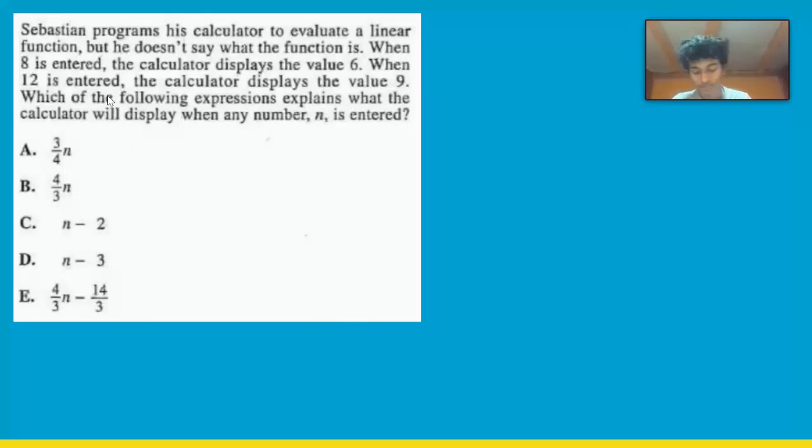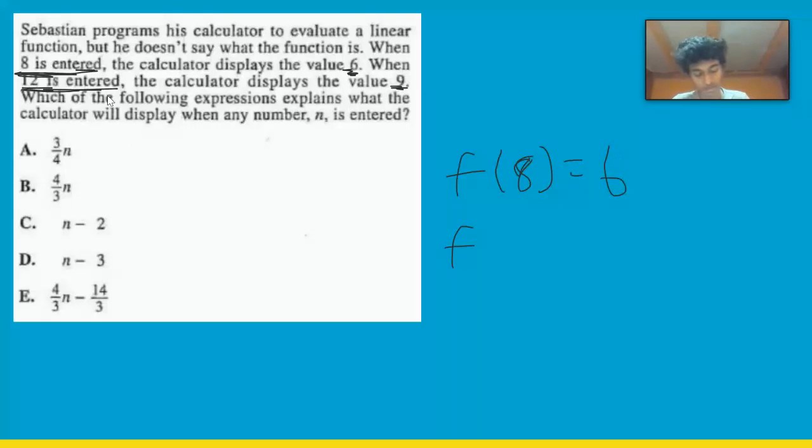Okay, so we know that when 8 is entered, the output is 6. We know when 12 is entered, the output is 9. So for some function f, when we input a value of 8, we get 6.